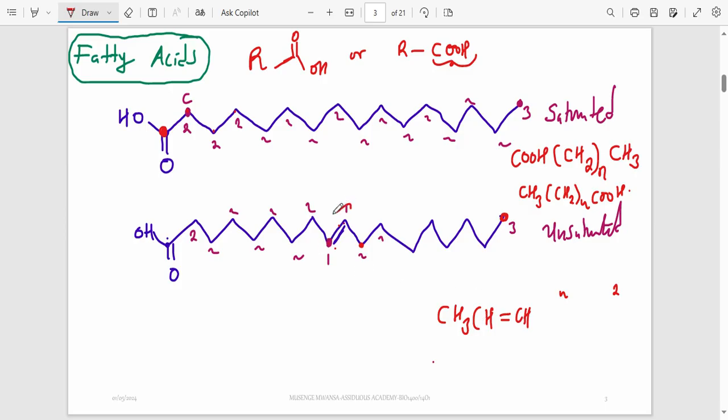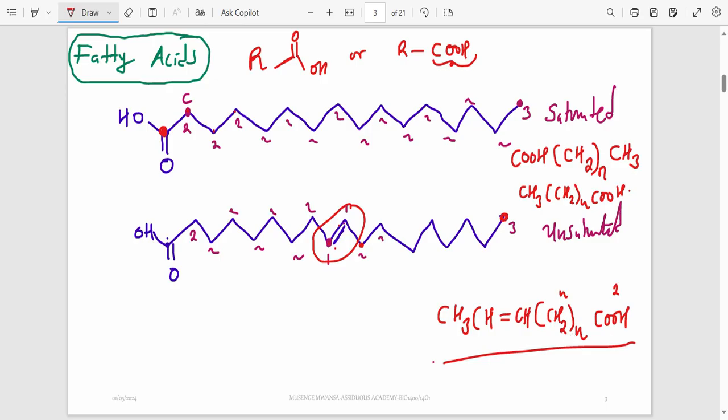Because where the double bond is, you only have one hydrogen for each carbon. And then now you can have your CH2 with an n there. Remember at the end you have got the functional group which is COOH. So this is the general formula that all unsaturated fatty acids are going to be able to follow.